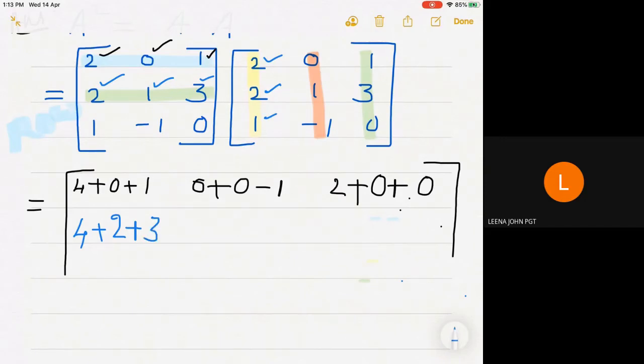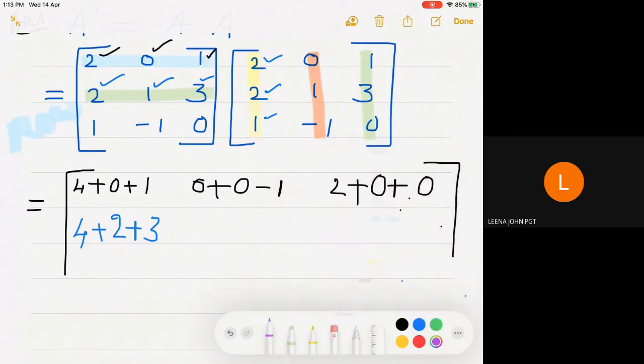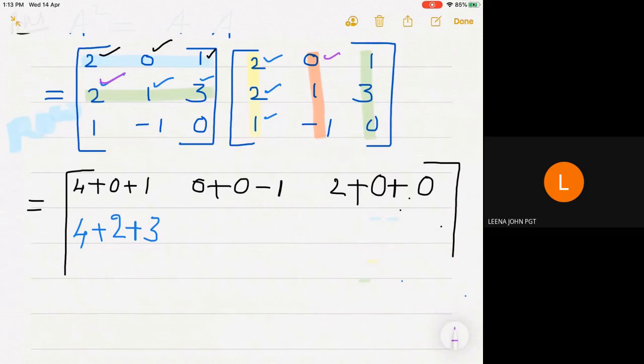Again, this row with the second column: 2 into 0, that is 0, plus 1 into 1, that is 1, plus 3 into minus 1, that is minus 3.